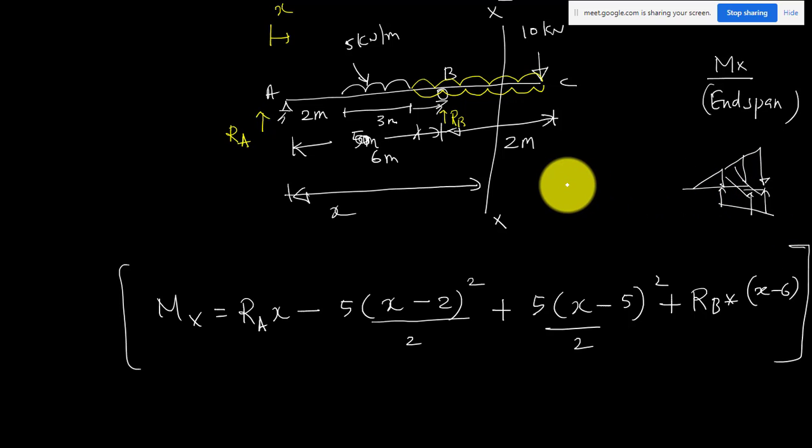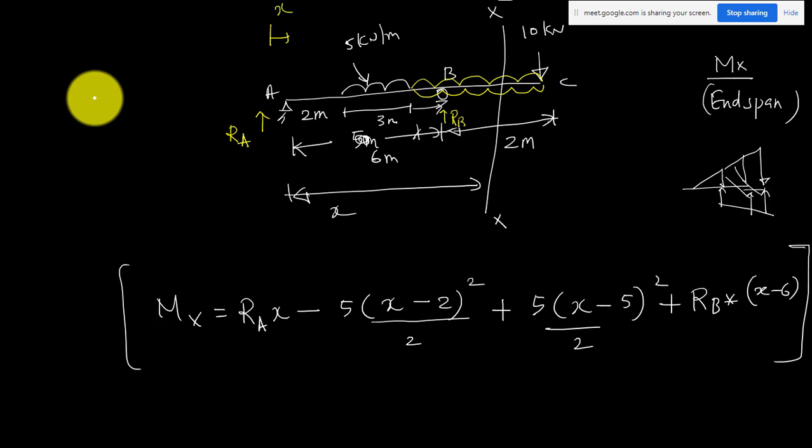Sir, one more case. In an overhanging beam, a uniformly varying triangular load up to a certain length, and for another certain length there is no load. Sorry, sir, I just forgot, cantilever beam.